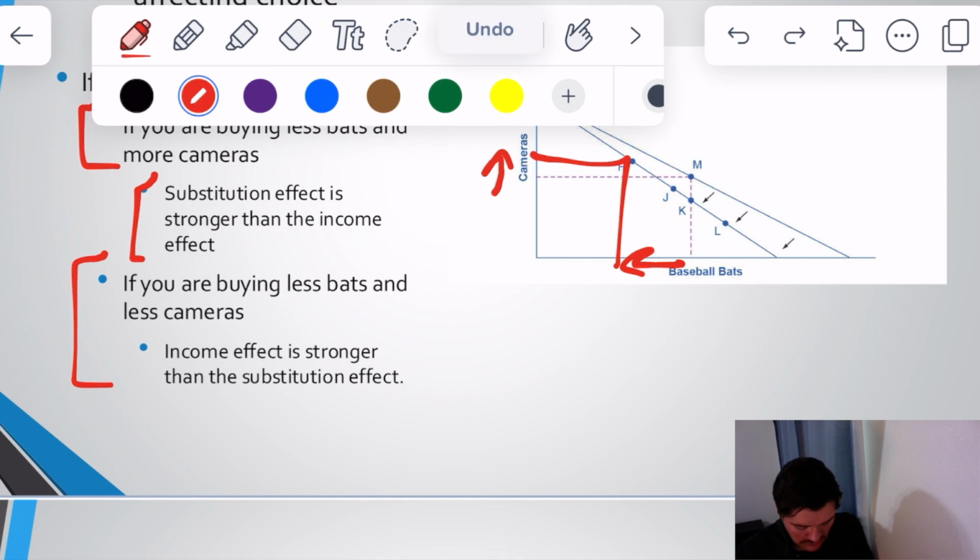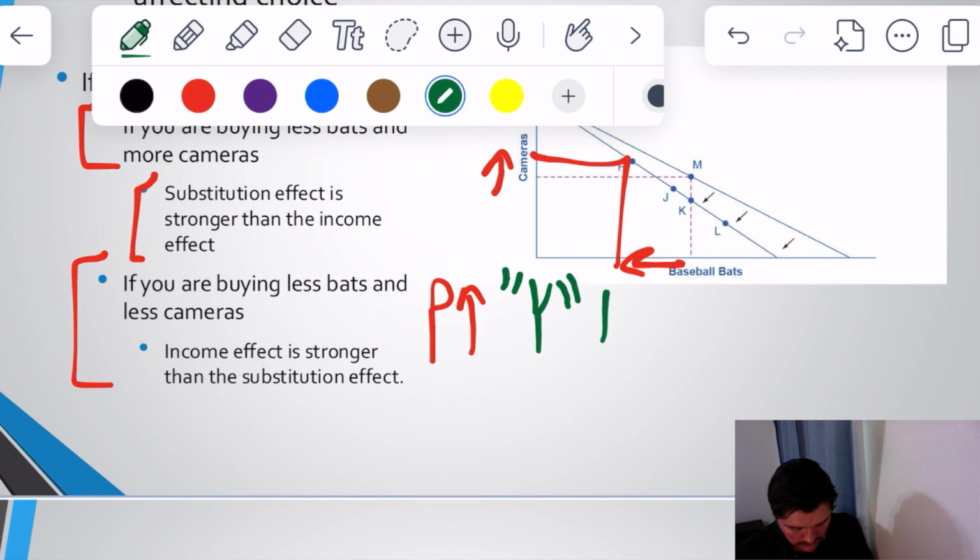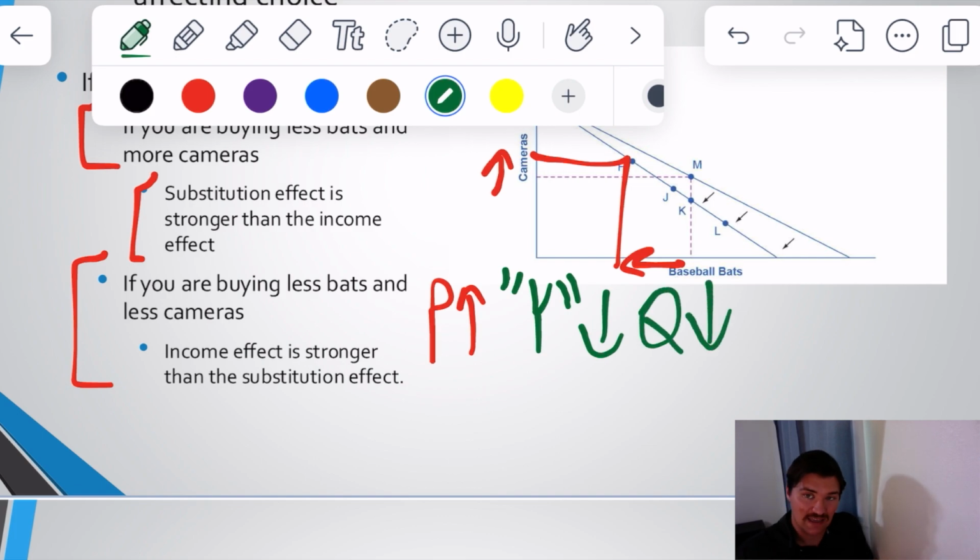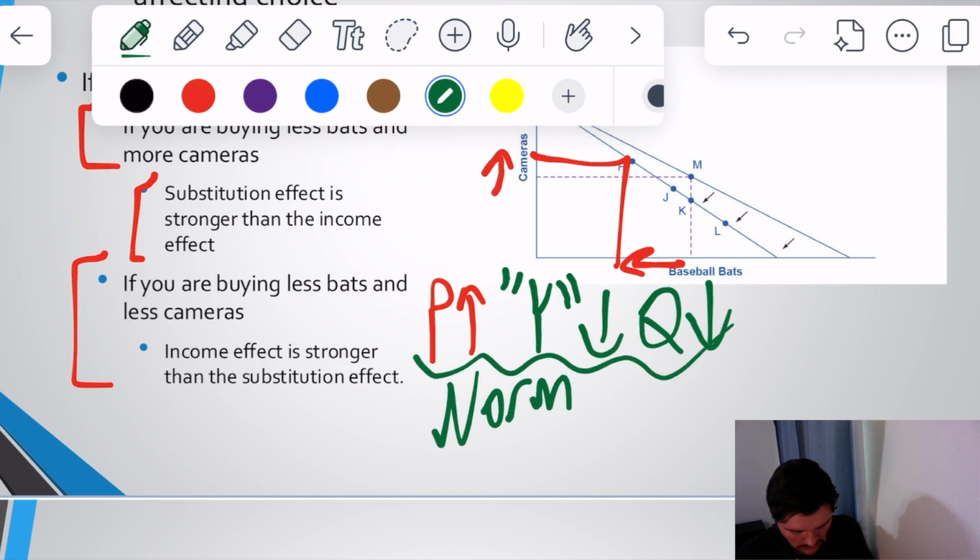This one says because the prices are higher, it's kind of like your income is lower. And because your purchasing power is lower and you buy less of something, that is the income effect. What kind of goods are those? That's a normal good. You have less money, so you buy less of them.